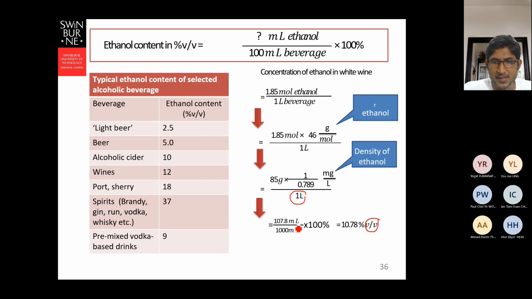As long as the numerator and denominator are expressed in the same unit, it is good. If it is weight by weight, then gram by gram would be good. But since this is volume by volume, you have to convert it to milliliter by milliliter or liter by liter.